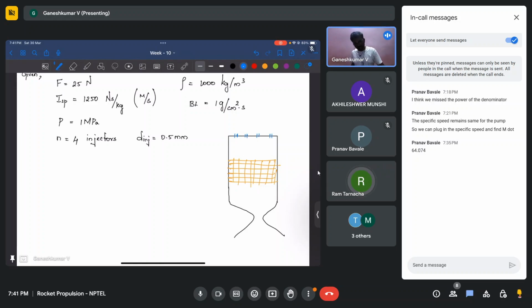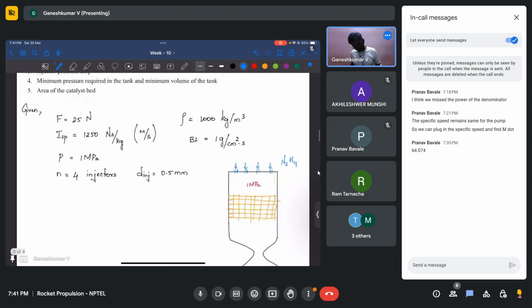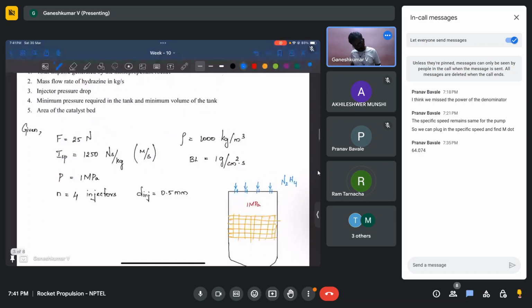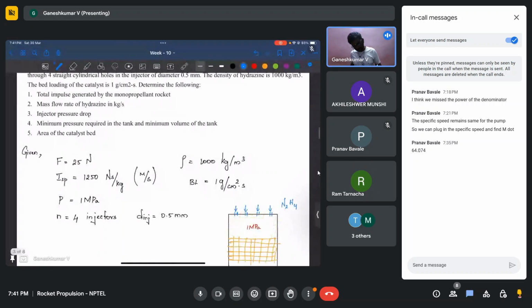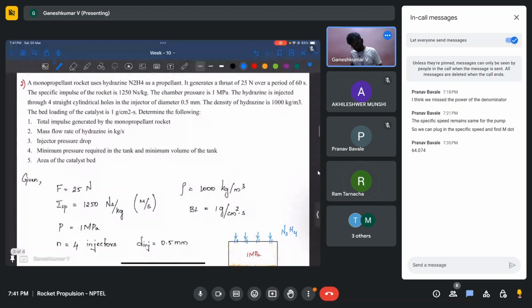So it enters here. You have the pressure here to be 1 megapascal. It's the combustion chamber pressure, and hydrazine enters through this injector. What else is given? Yeah, that's it.